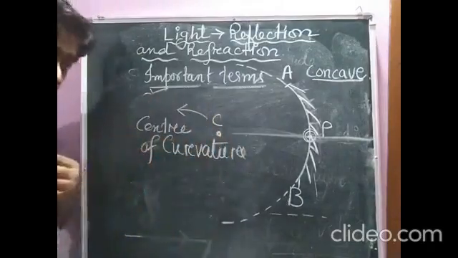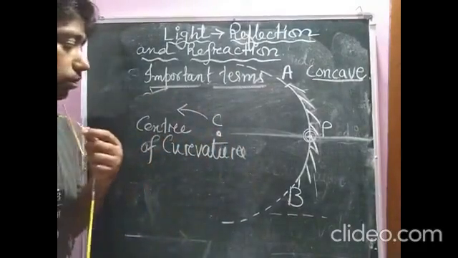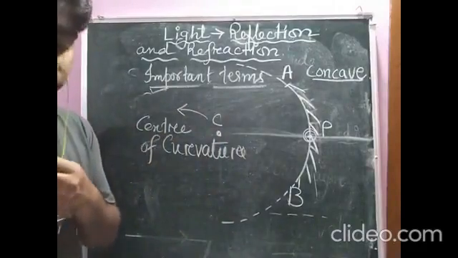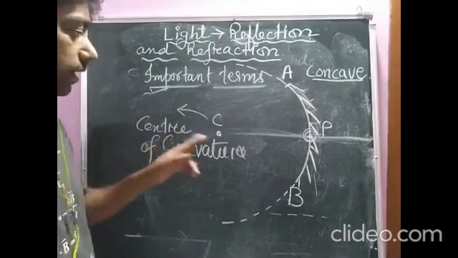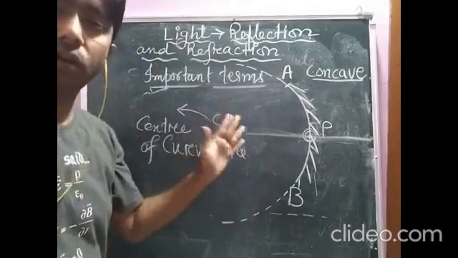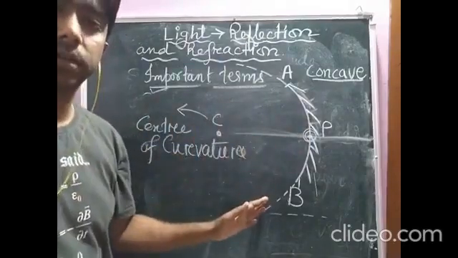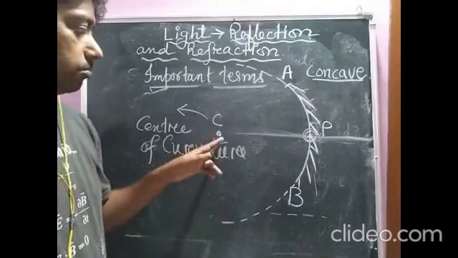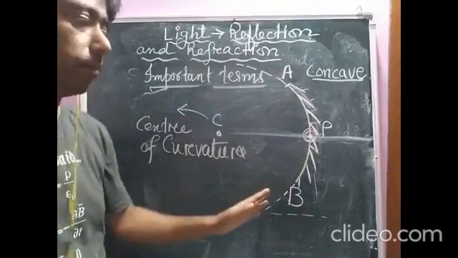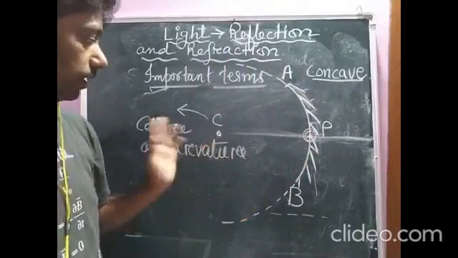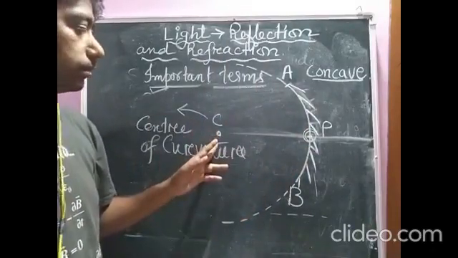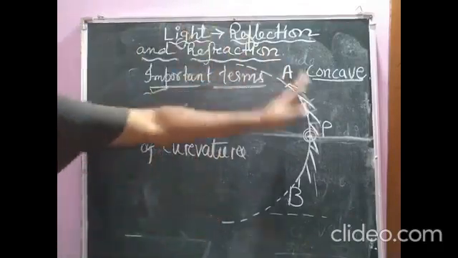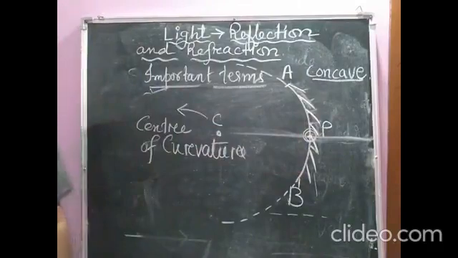How will you define the center of curvature? It is the center C of the imaginary sphere of which the mirror is a part.